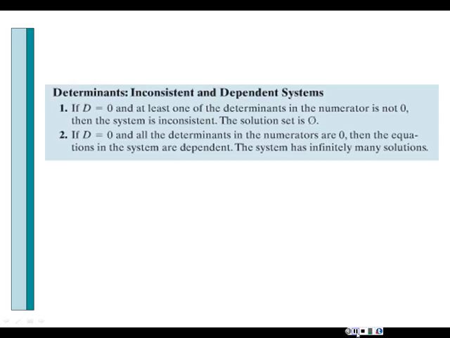Let's say you have an equation of x to the power 2. The highest power of x is 2. Then you will have two solutions for x. If the algebraic equation has x to the power 3 as the highest power, that means you will have three solutions for that system of equations.